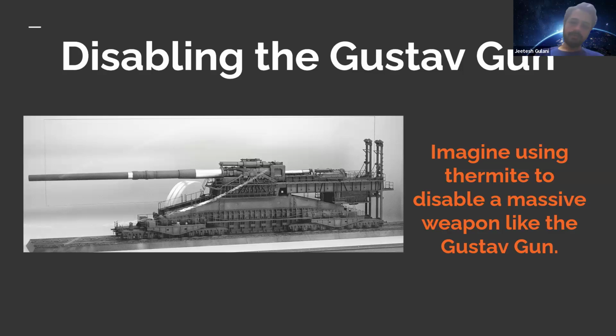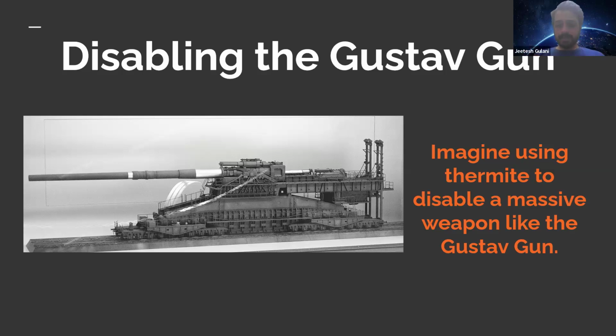And it could only move on railway tracks and nowhere else. It was called the Gustav. The Gustav gun weighed over 1,000 tons, probably bigger, and it could shell areas significantly farther away than any artillery could.